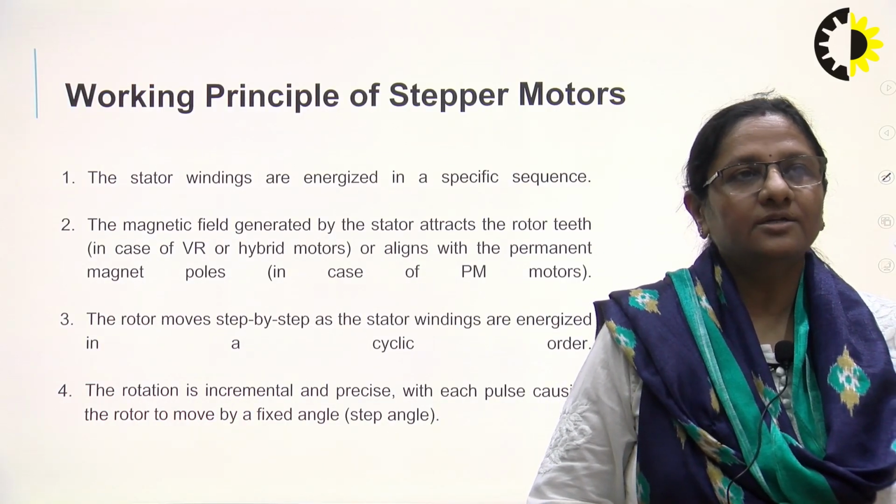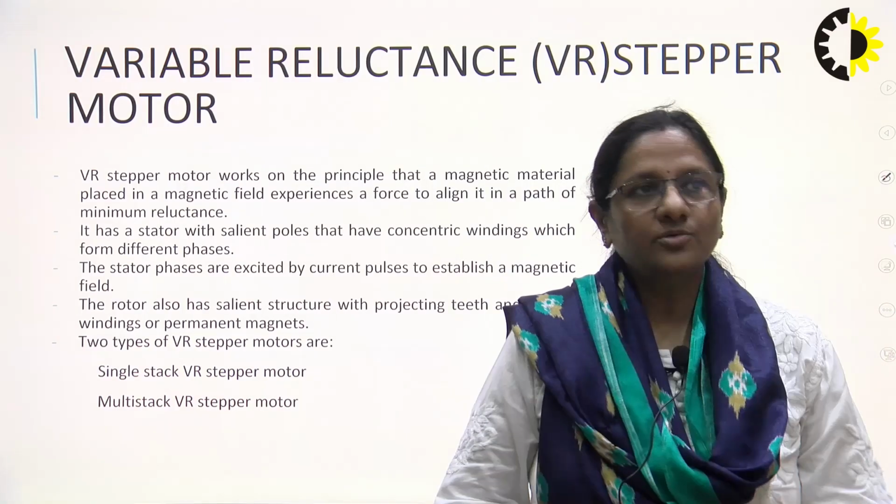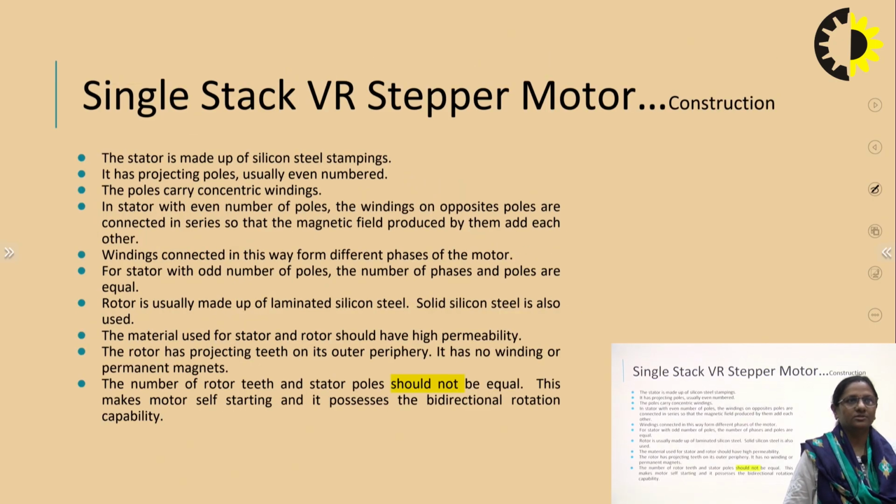We started with the variable reluctance stepper motor. I have told you earlier that there are two types of variable reluctance stepper motors: single stack variable reluctance stepper motor and multi-stack variable reluctance stepper motor. We started with single stack variable reluctance stepper motor.